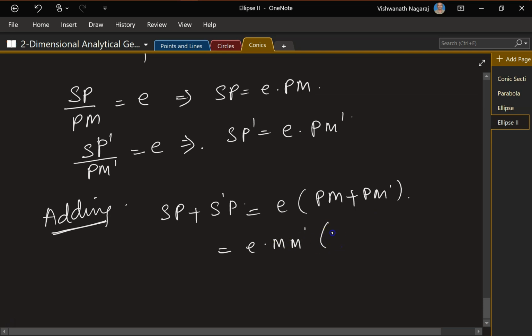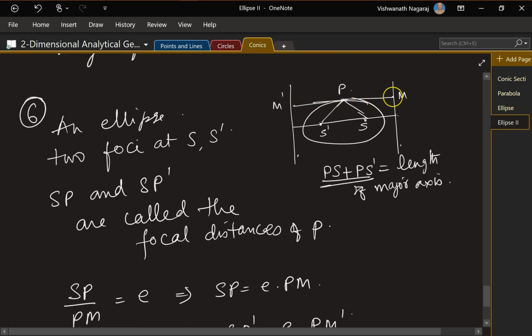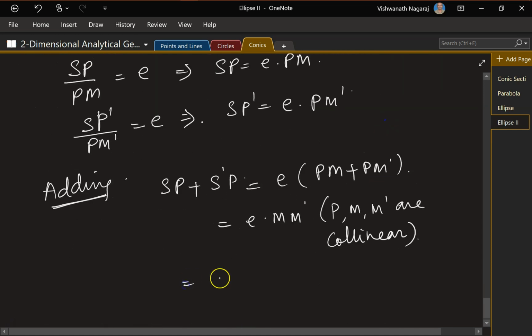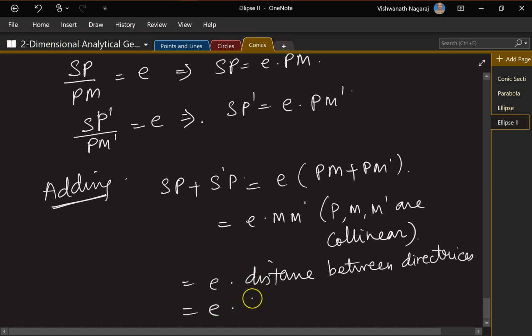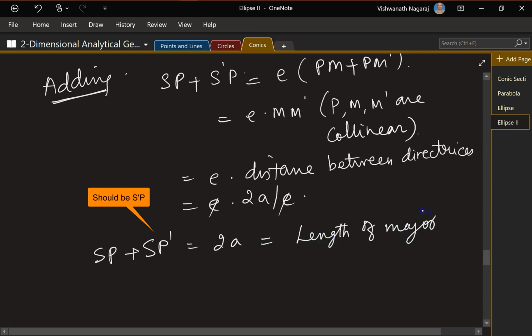Because P, M and M dash are collinear. That means they lie on the same line, which is equal to E dot the distance between directrices. And the distance between directrices is, we know, 2A by E. E gets cancelled and we are left with 2A, which is nothing but the length of major axis.